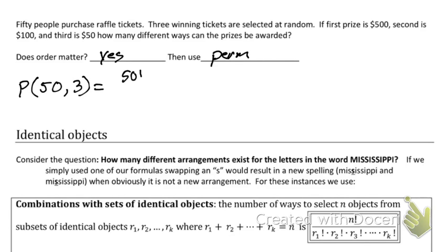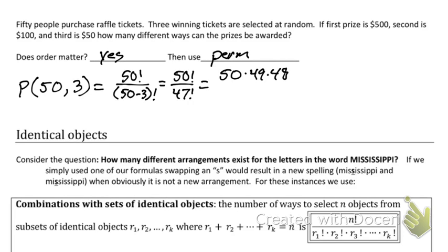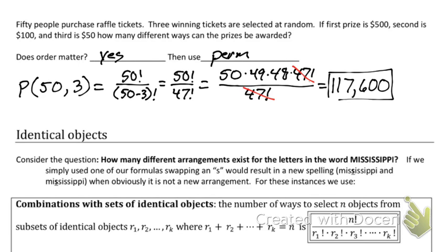That formula is going to be 50 factorial over 50 minus 3 factorial, which is 50 factorial over 47 factorial, which I could then simplify further to being 50 times 49 times 48 times 47 factorial, all over 47 factorial. Our 47 factorials cancel out. So in our calculator, all we have to do is 50 times 49 times 48. So this could easily be done on a scientific calculator, and we would have 117,600 possibilities to get those 3 winners.